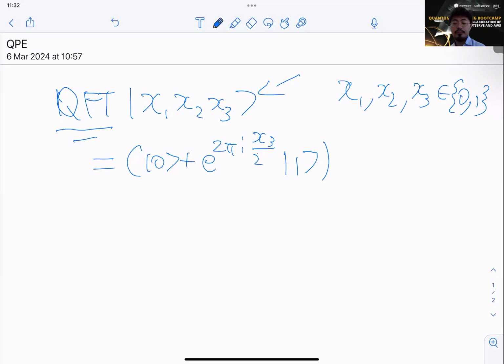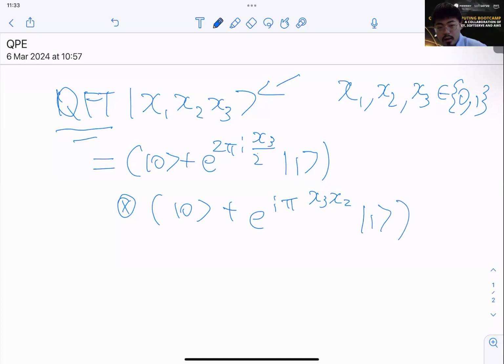That's fine too. Tensor 0 plus e^(2 pi i) x3 x2, okay.